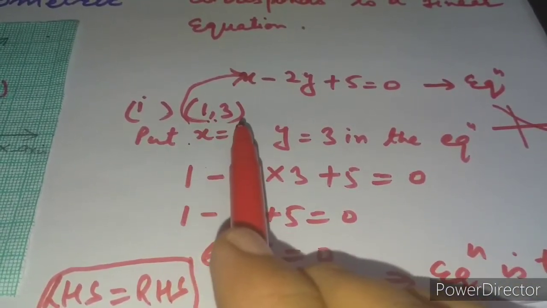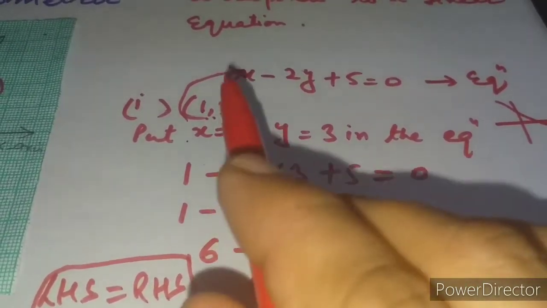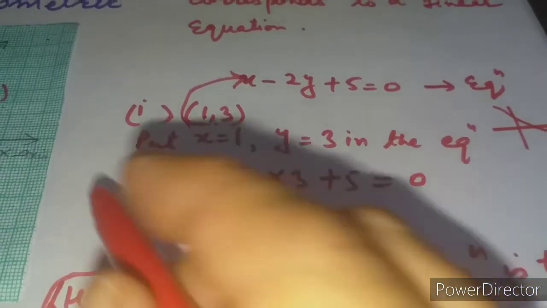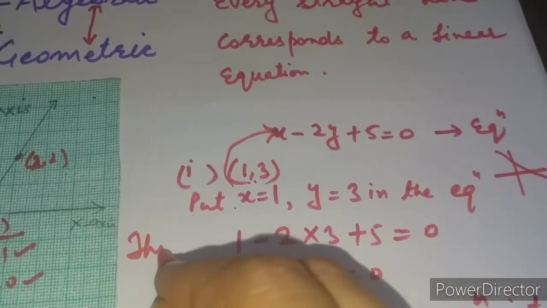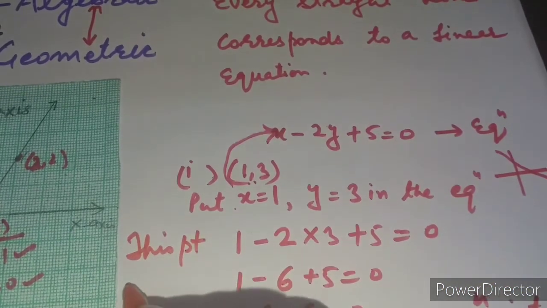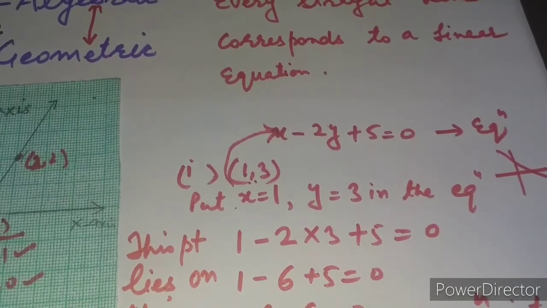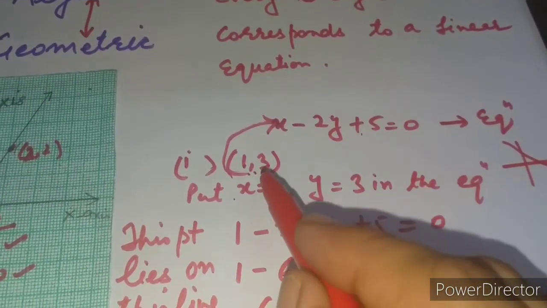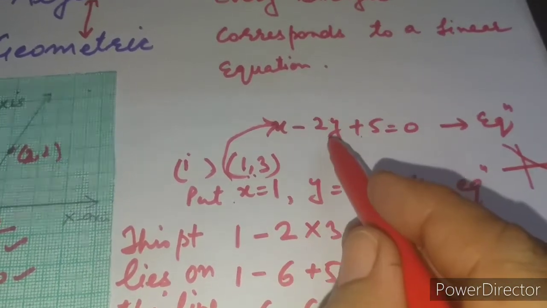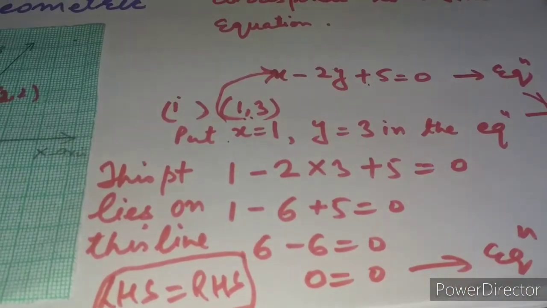Because LHS equals RHS and the equation is satisfied, this point lies on this line. There was a point given, there was a line given, and the question was whether that point lies on this line or not. So this is the way of checking.